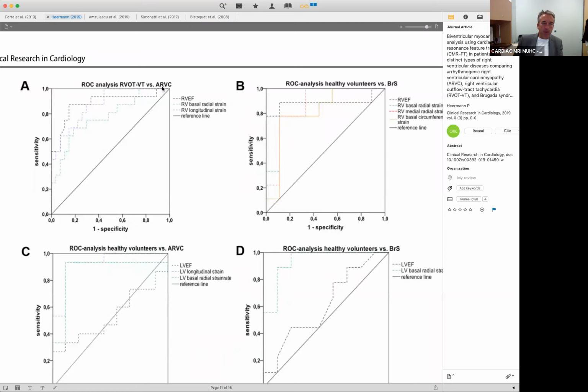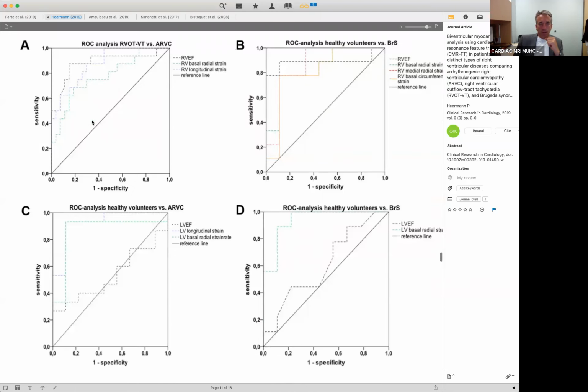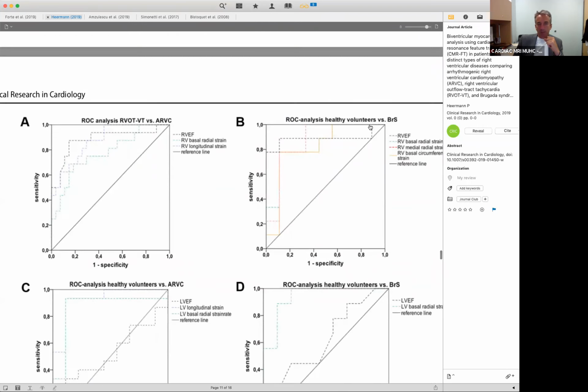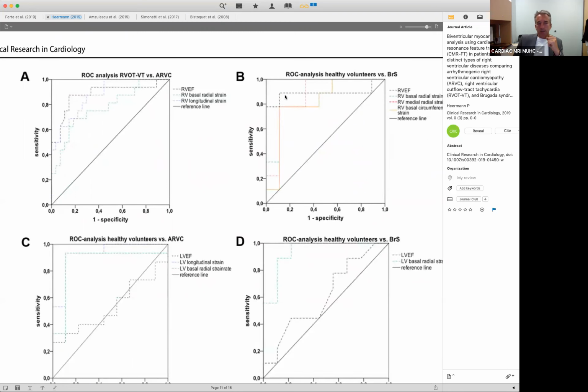No wonder, because ejection fraction is one of the criteria that is used to make the diagnosis of ARVC. But the others, the radial strain and the longitudinal strain, are still performing okay. And compared with healthy people, for Brugada syndrome, ejection fraction again is a good one.